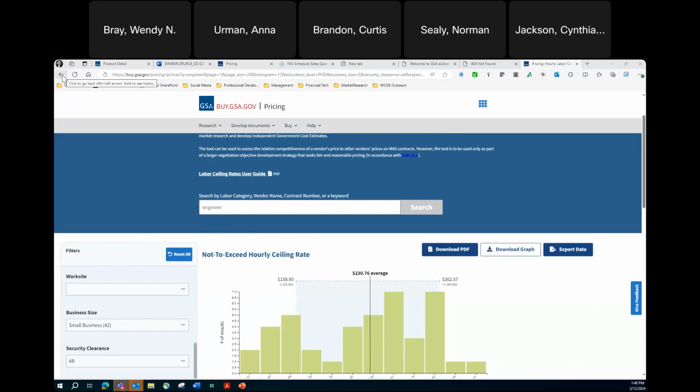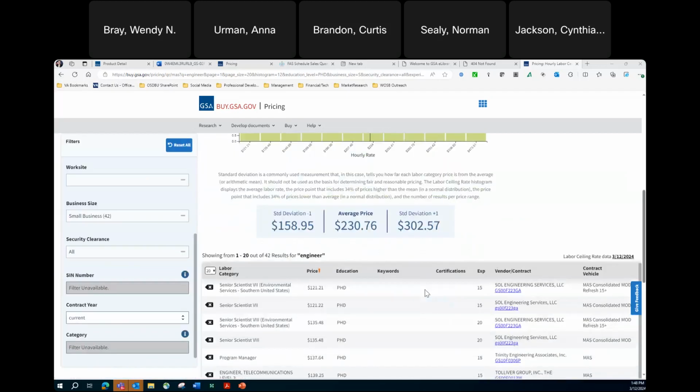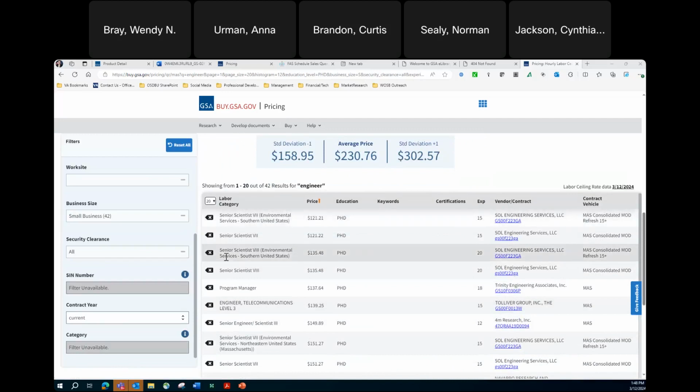And another question, can we find out what kind of discount is offered? Not through here. The discounts are negotiated through individual contracts. So for example, if you want to see senior scientist 7, whatever that is, you could look at Soul Engineering Services on SAM or USA Spending to see what their contracts are, and then you could probably do some math and figure out based on the contract and the requirements what their discount may have been.